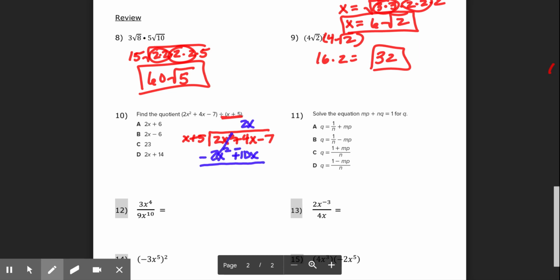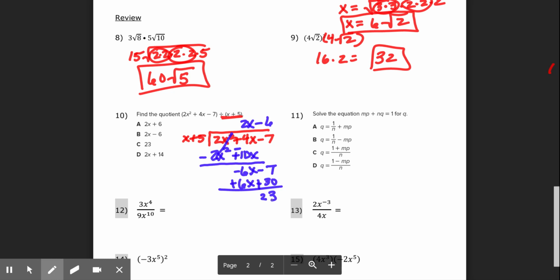So those cancel out. So 4 minus 10 is negative 6x minus 7. And then negative 6x divided by x is negative 6. So I'll give us negative 6x. And 5 times negative 6 is negative 30. Draw the line and change both signs. So that'll give us 23.